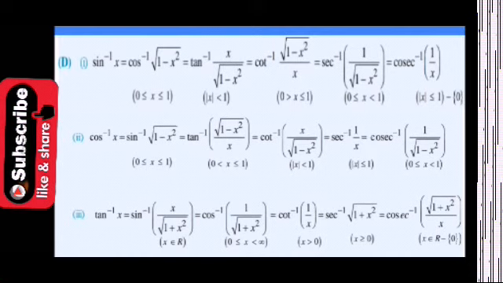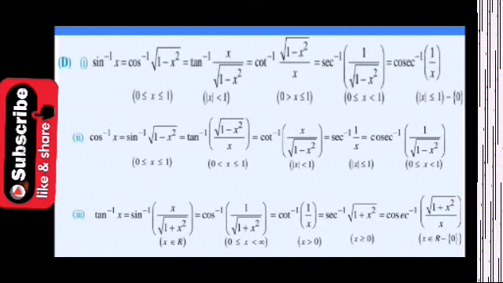Actually what we are doing in this formula is rearranging the inverse trigonometric functions in terms of one another. So sin inverse x we are representing in terms of cos inverse, tan inverse, cot inverse, sec inverse, cosec inverse in different modes.